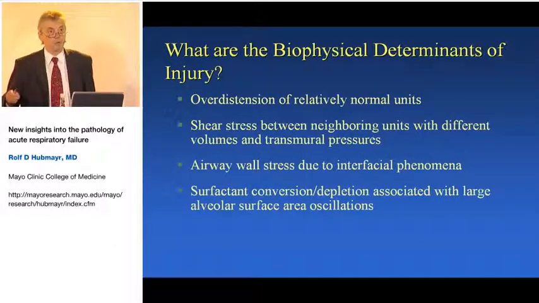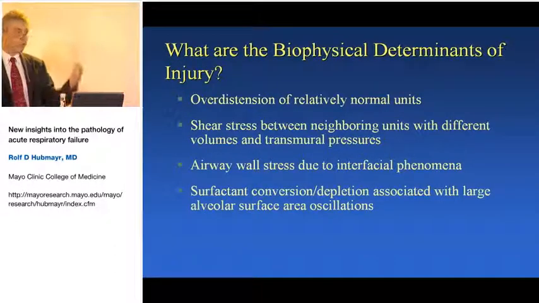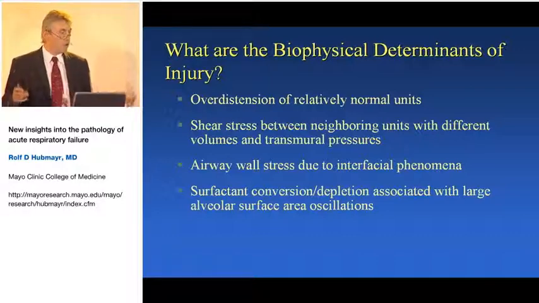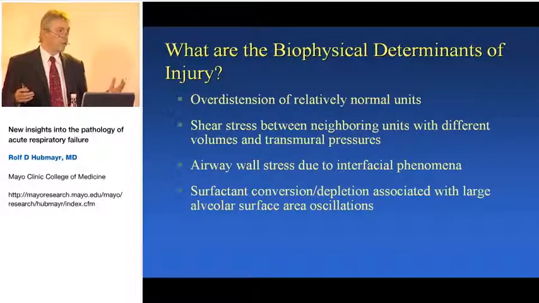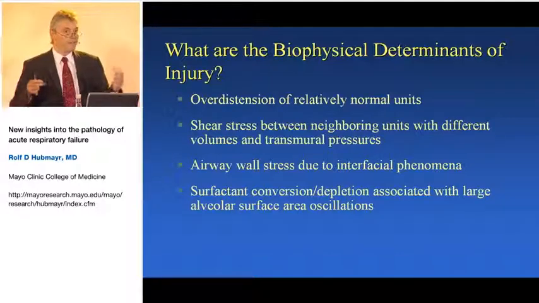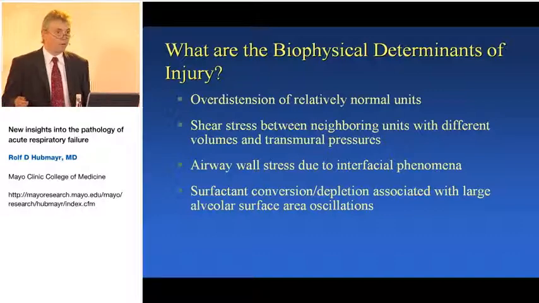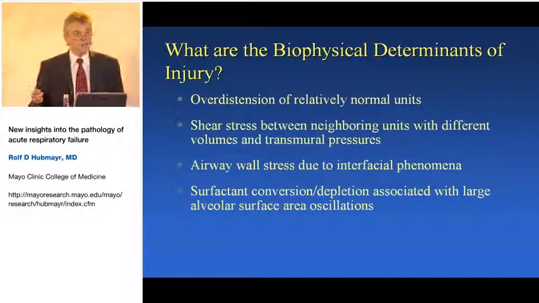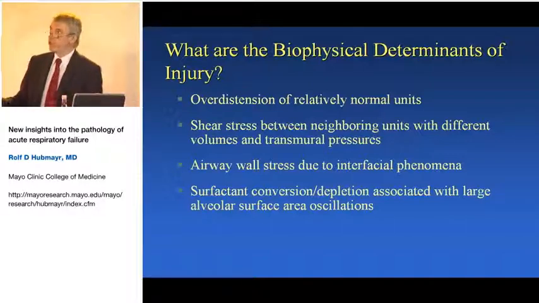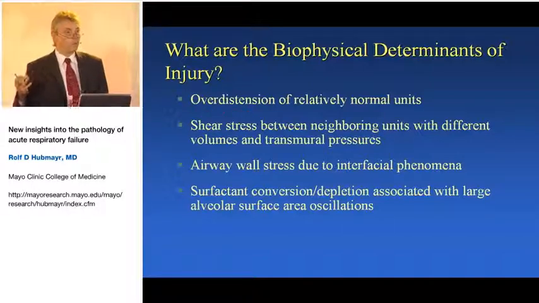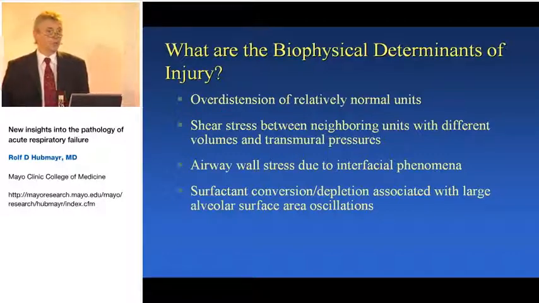I think it is worthwhile that we take a step back and ask ourselves first, what are all the biophysical determinants of ventilator-induced lung injury? And we've visited all of them in various respects. They're not entirely independent from each other, but clearly we've heard that overdistension of relatively normal lung units is an important mechanism.